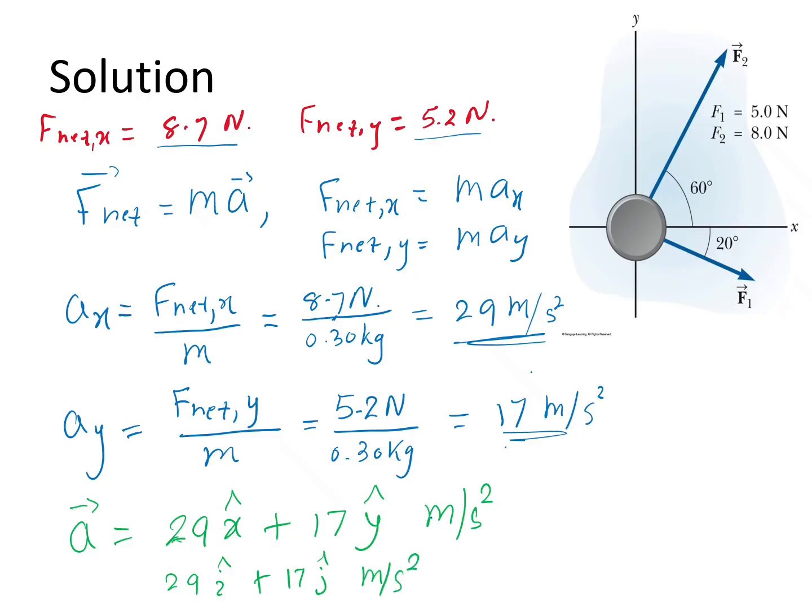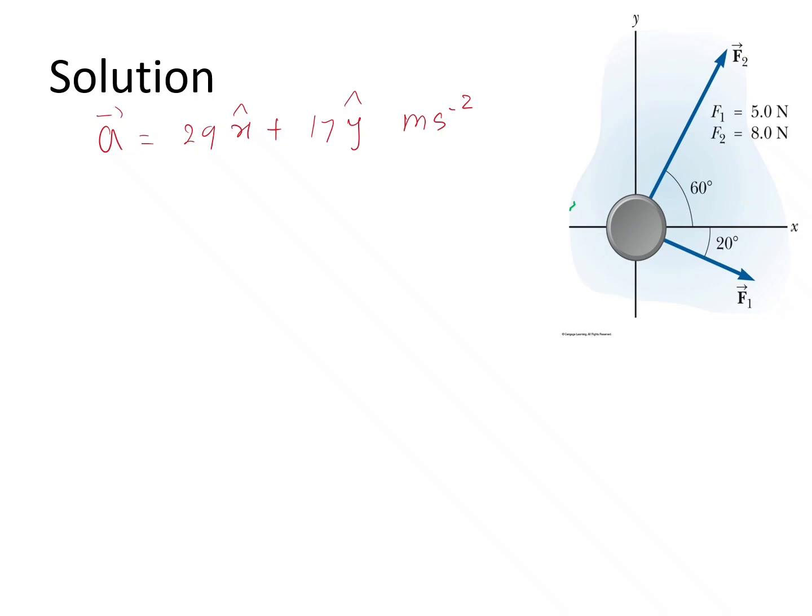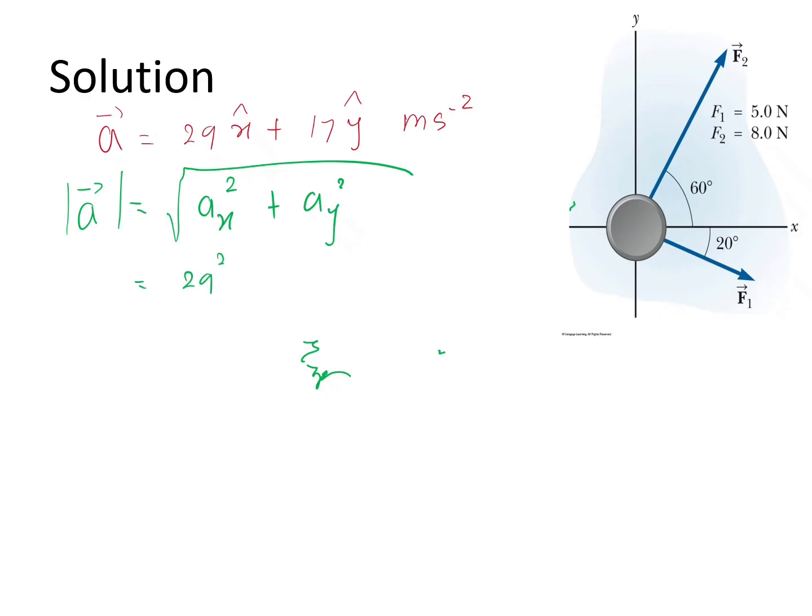If you have to find the magnitude and the direction of this vector, we can use the Pythagorean theorem. The magnitude of vector A is given by the square root of the x component squared plus the y component squared. This is equal to the square root of 29 squared plus 17 squared, which is equal to 34 meters per second squared.